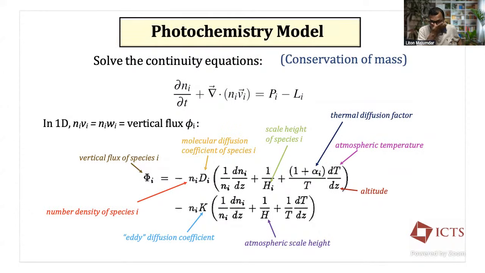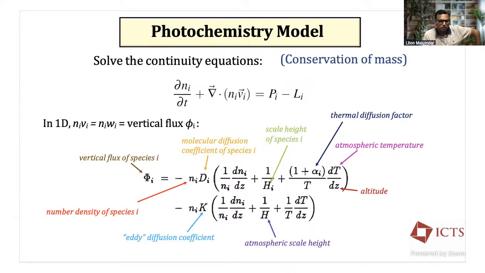And what you do in the photochemistry model is solve your continuity equation, which is essentially the conservation of mass: your number density with respect to time, and this is essentially your flux term, okay? And this is your production term, this is your loss term. But most photochemistry models are solved in 1D, okay? There are various reasons.